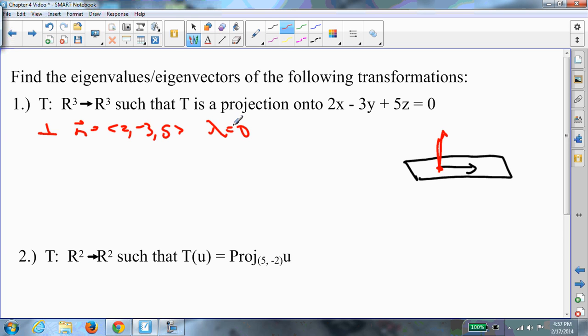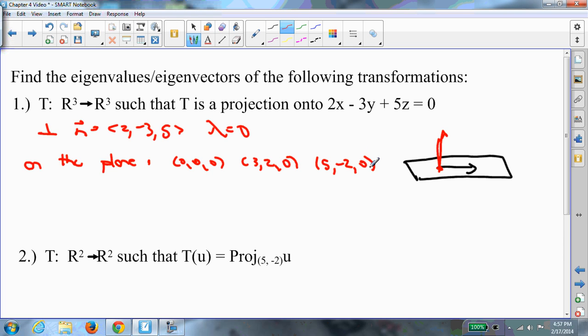Now, to find two vectors on the plane, I need a couple of points. So on the plane, let's find some points that satisfy being on the plane. For example, 0, 0, 0, 3, 2, 0, and how about 5, negative 2, 0.